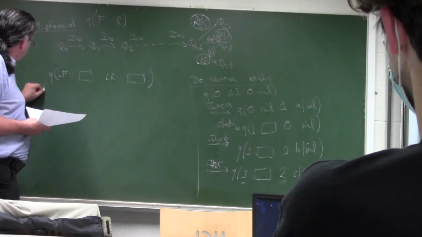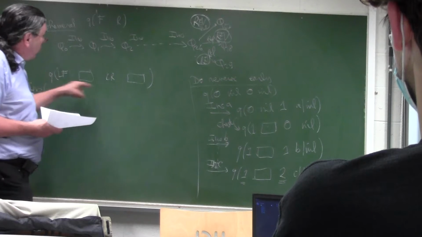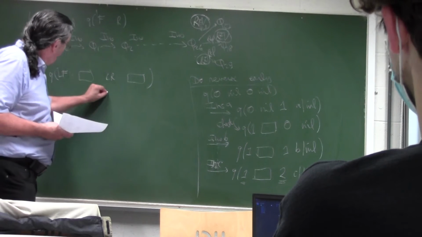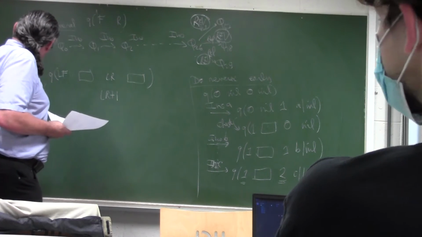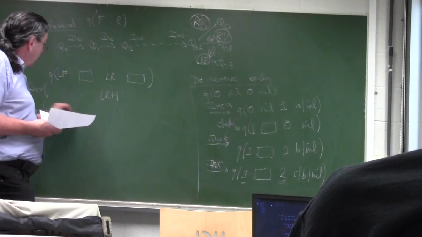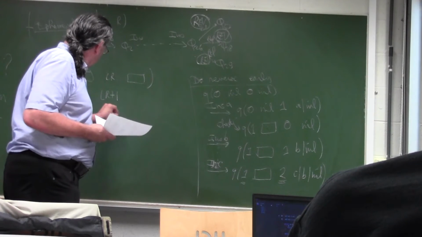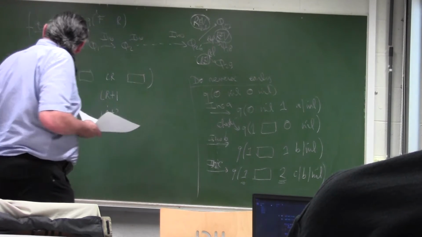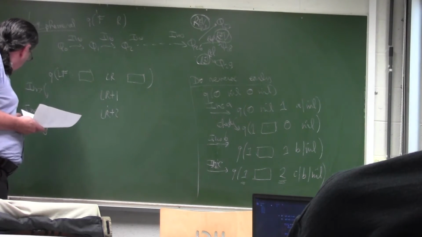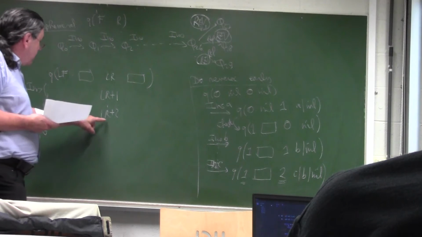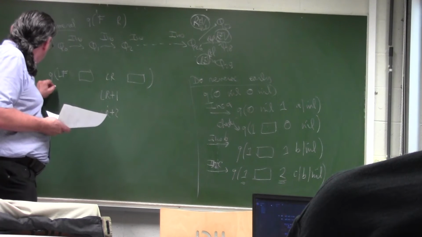If I now do an insert, then I will add an element here. I will have LR plus 1. And if I do another insert, I have LR plus 2. And if I do a check with reverse, then this one goes back to 0.